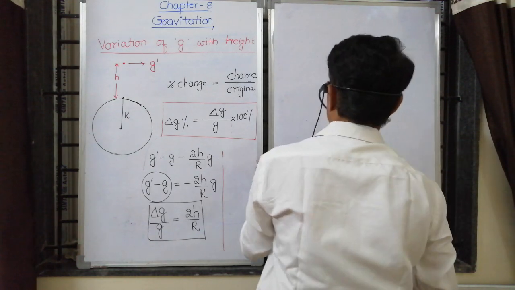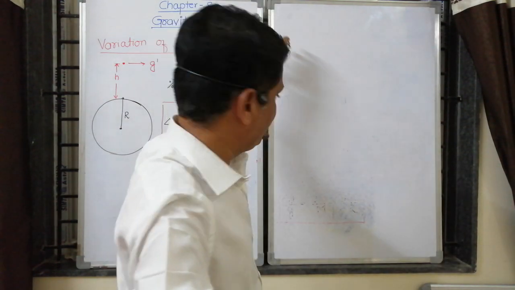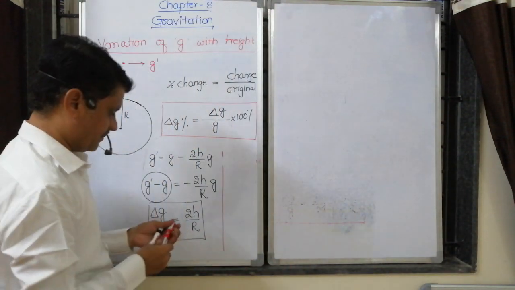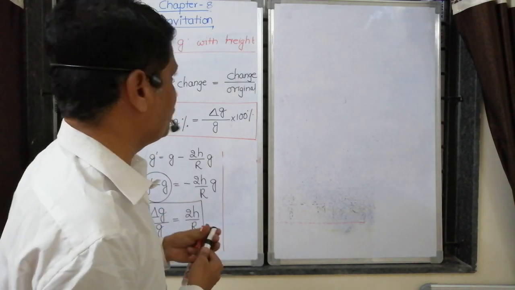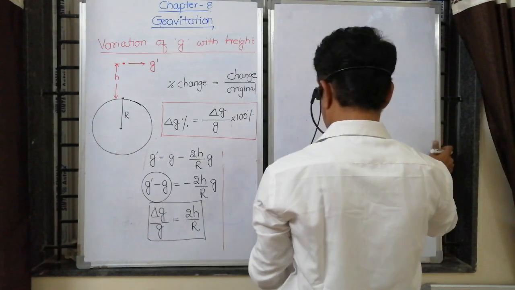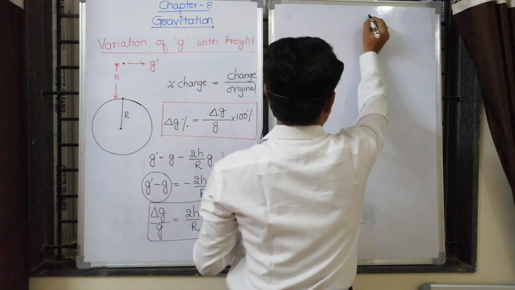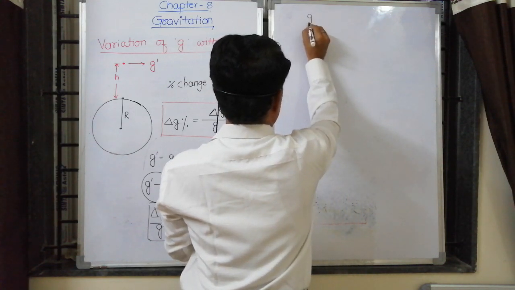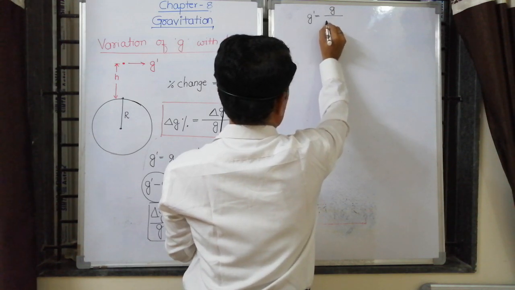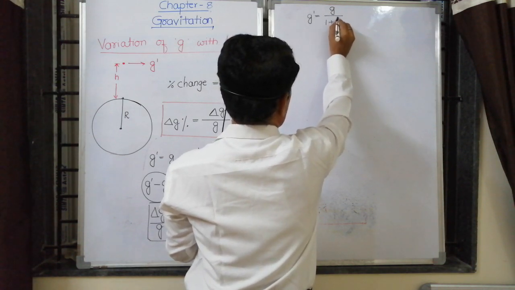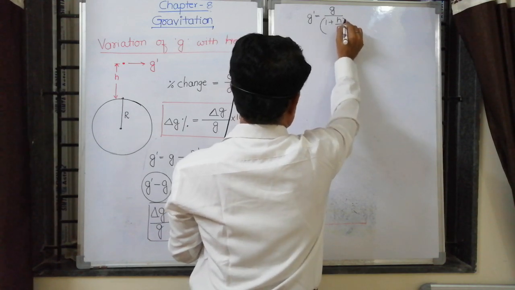This much we have studied in theory. But what kind of questions are arising in NEET or JEE? So for my convenience, I'll write all the formulas once again. Here g dash is equal to g divided by 1 plus h by r whole square.